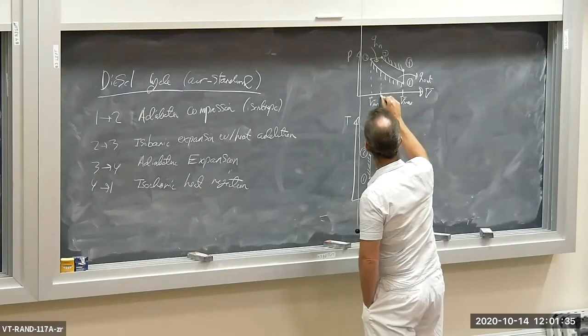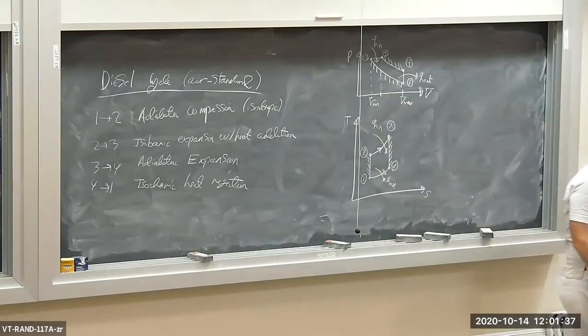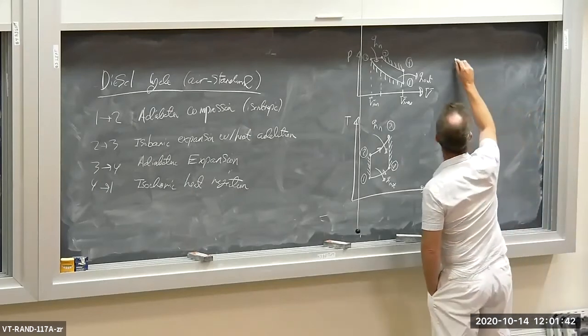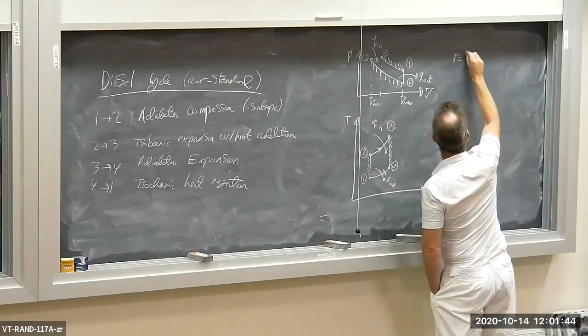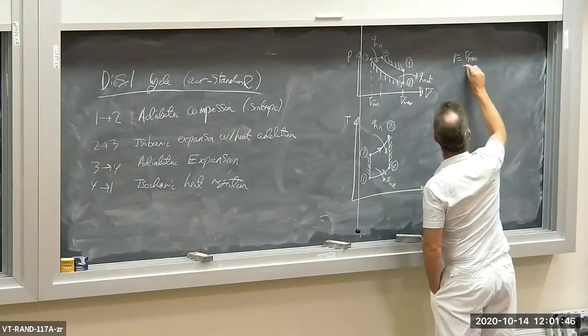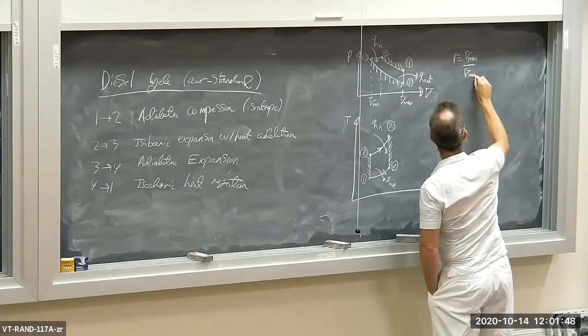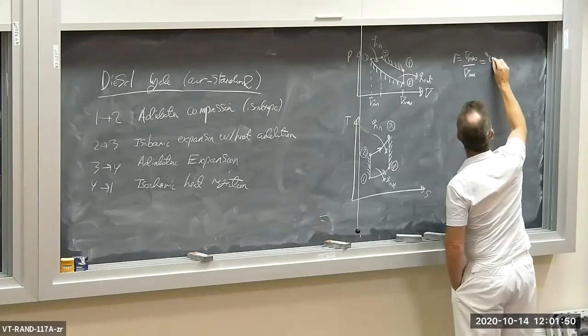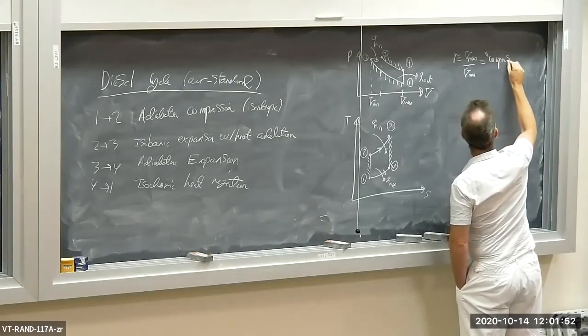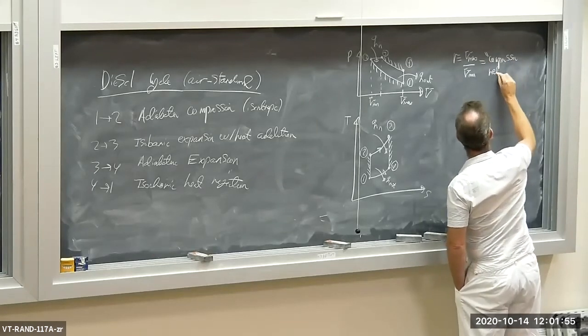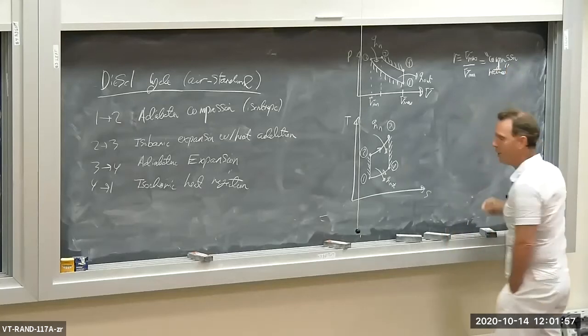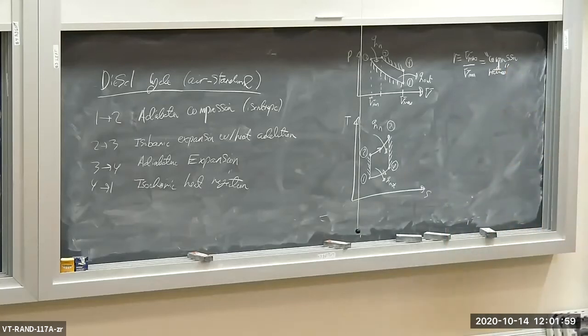Remember, for the Otto cycle, the efficiency was a function of the compression ratio alone. So we still have the compression ratio here. We have R equal to Vmax over Vmin. And for the Otto and the diesel cycle, the higher the compression ratio is, the more efficient the device is.